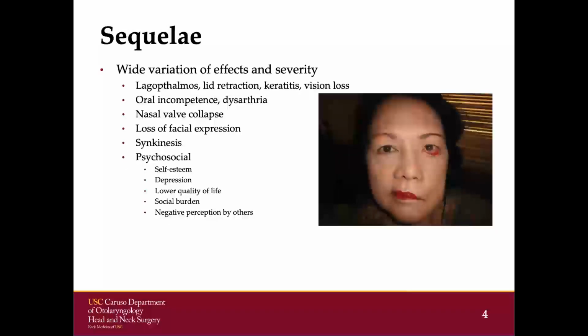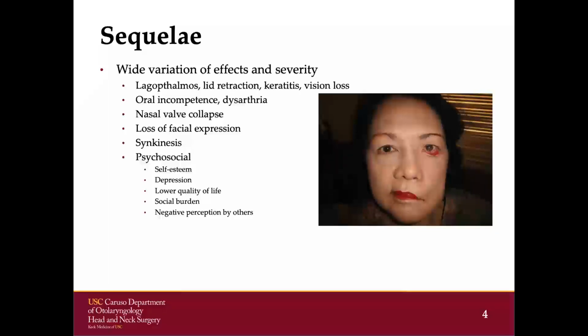So the effects of facial nerve paralysis have a wide spectrum of severity and also effects across the face. With the loss of facial nerve function, there's pathologic relaxation and drooping of the eyebrow, the eyelid, the cheek, and the corners of the mouth, just to name a few.